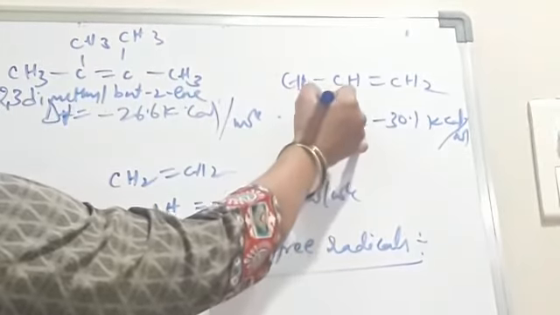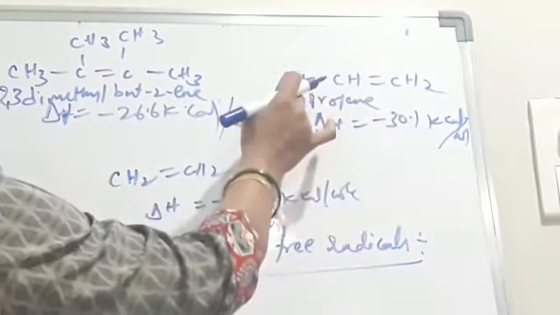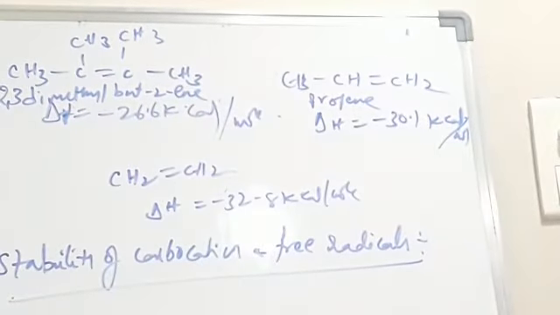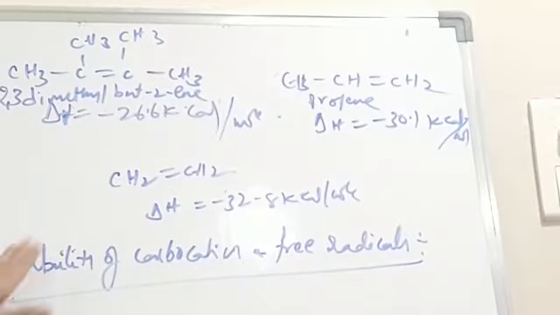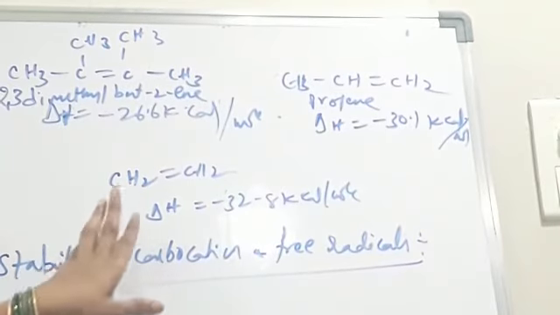Whereas in propene, only one alkyl group is linked with a double bonded carbon atom. Then in ethene, no alkyl group is there.